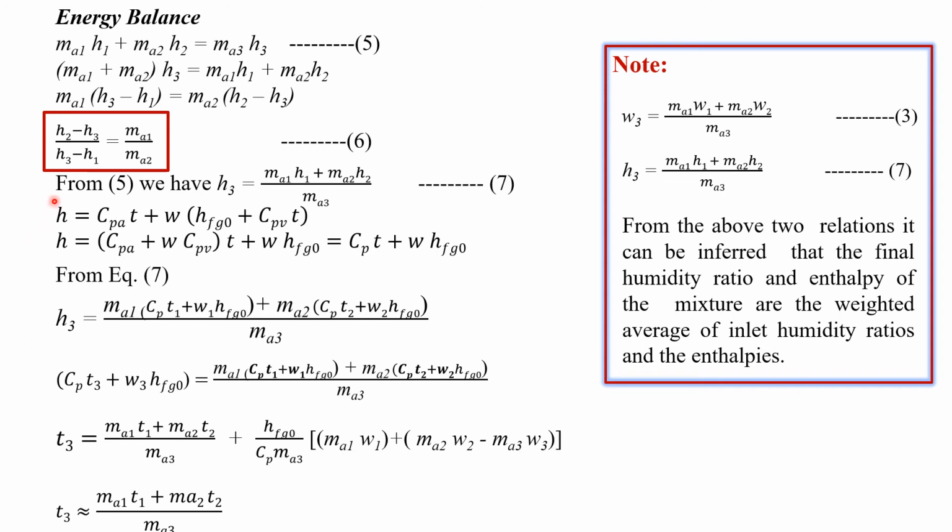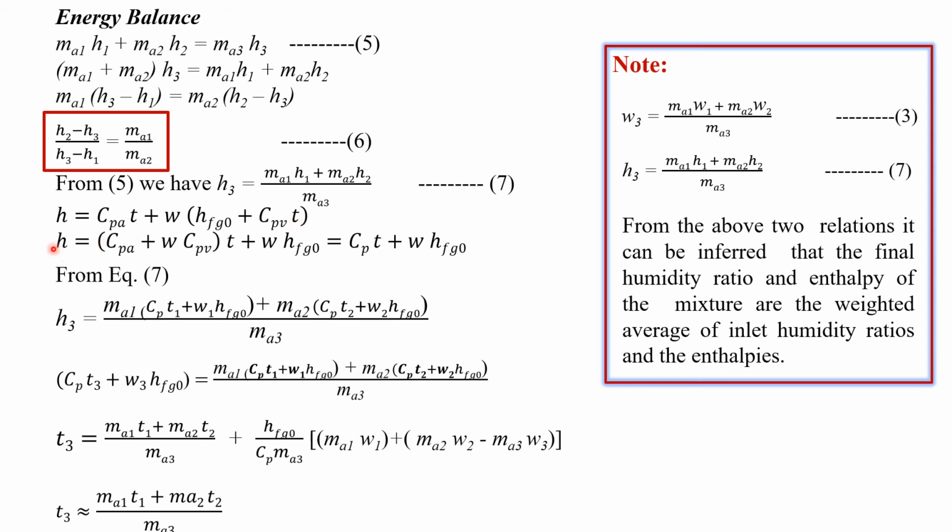Here the specific enthalpy of the moist air is nothing but Cpa into T, where Cpa is the specific heat at constant pressure for the dry air part, which is 1.005 kilojoules per kg Kelvin, and T is the dry bulb temperature of the moist air, plus omega, the specific humidity, times Hfg naught, the enthalpy of vaporization at 0 degrees Celsius. Cpv is the specific heat at constant pressure for the water vapor content, which is 1.88 kilojoules per kg Kelvin, and T is the dry bulb temperature.